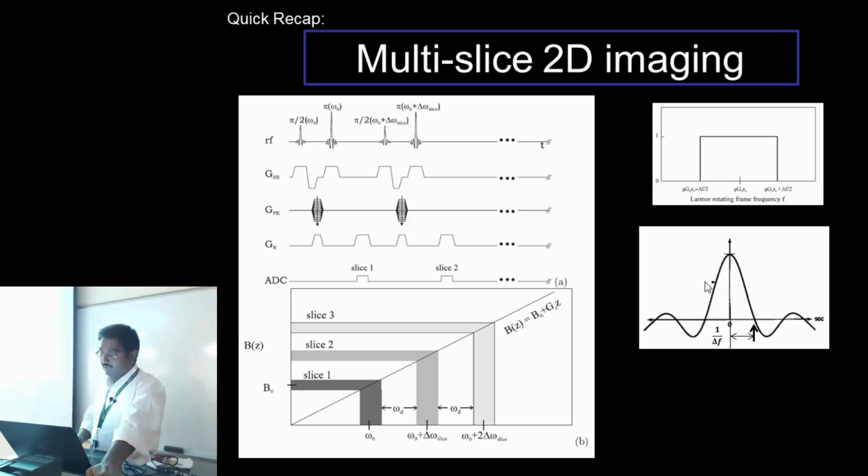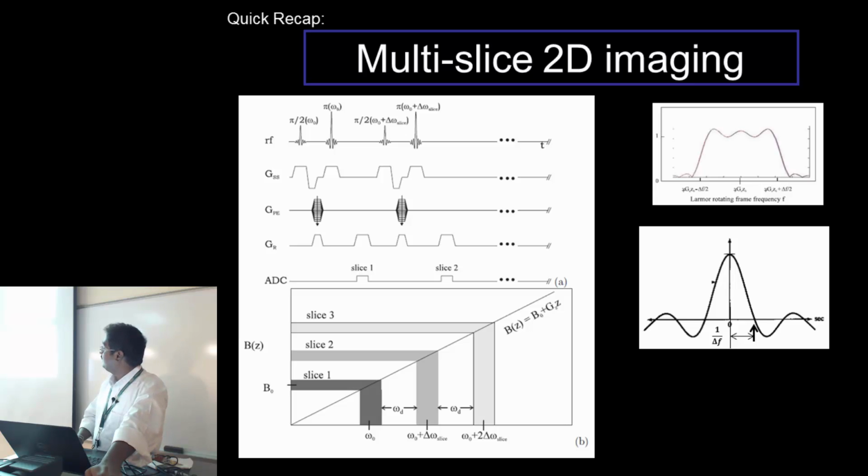So to fill the dead time, you can do multi-slice 2D imaging, by shifting the center frequency of each slice. Then we encountered the importance, or realization, of the effects of improper slice profile, because you're applying a finite RF pulse to excite your slice.